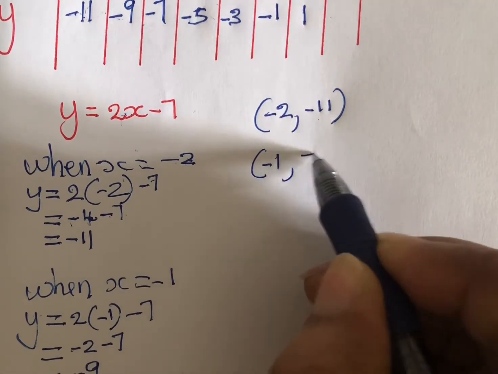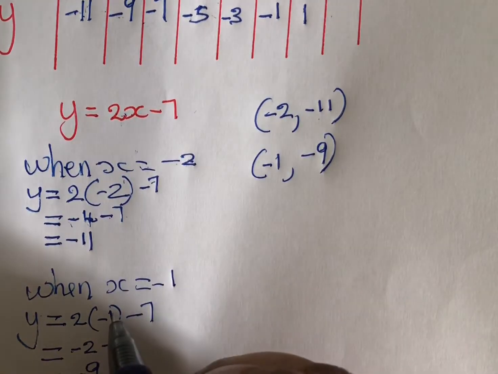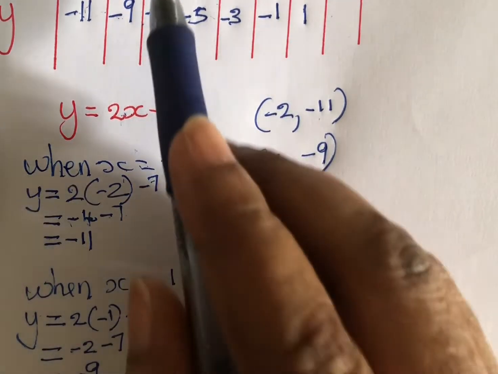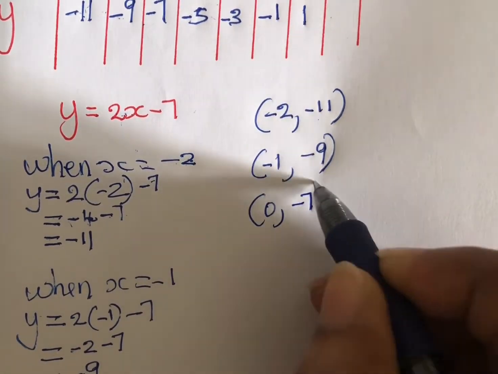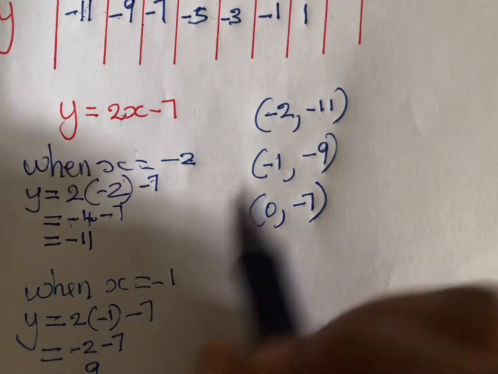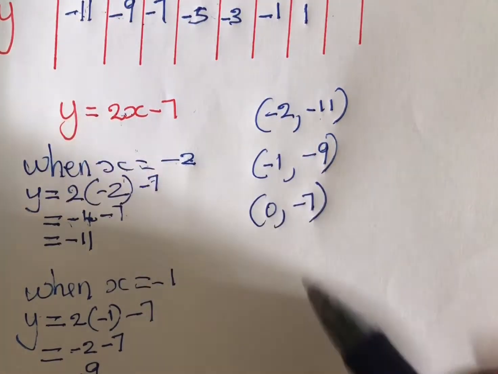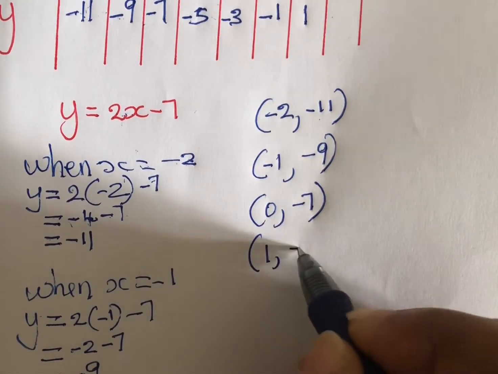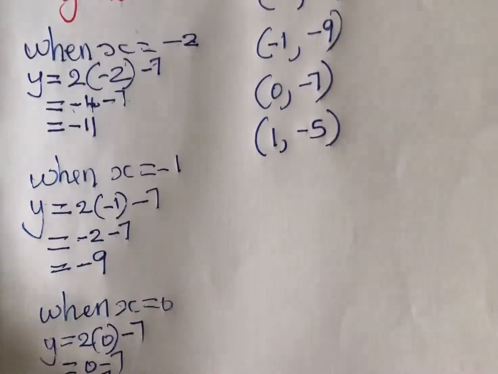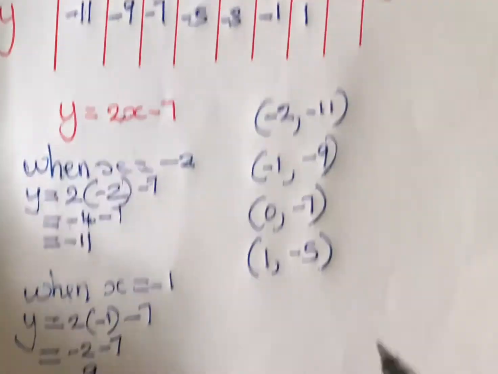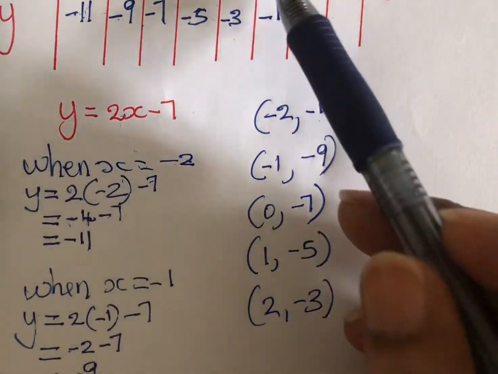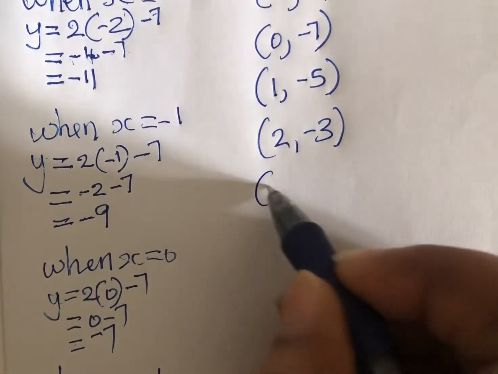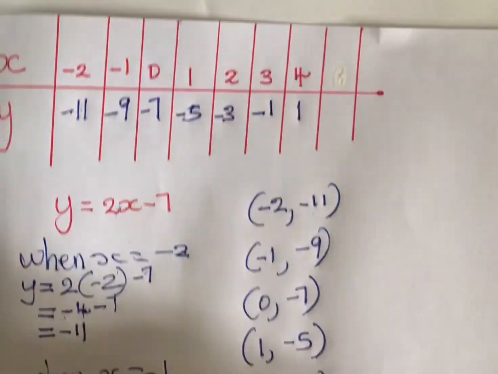That's another point. 0, negative 7. 1, negative 5. 2, negative 3. 3, negative 1. And 4, 1.